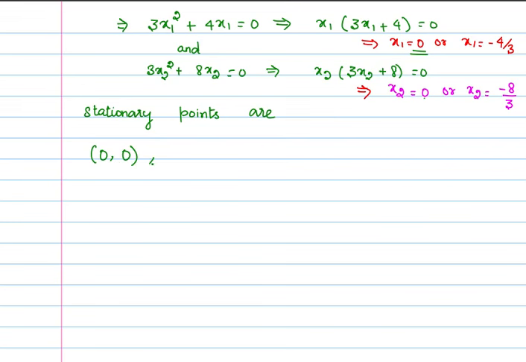Second, x1 is still 0 and x2 is minus 8 divided by 3. For the third stationary point, I fix the first component as minus 4 by 3 and the second component as 0. And the fourth is minus 4 divided by 3, comma minus 8 divided by 3. These are the stationary points.